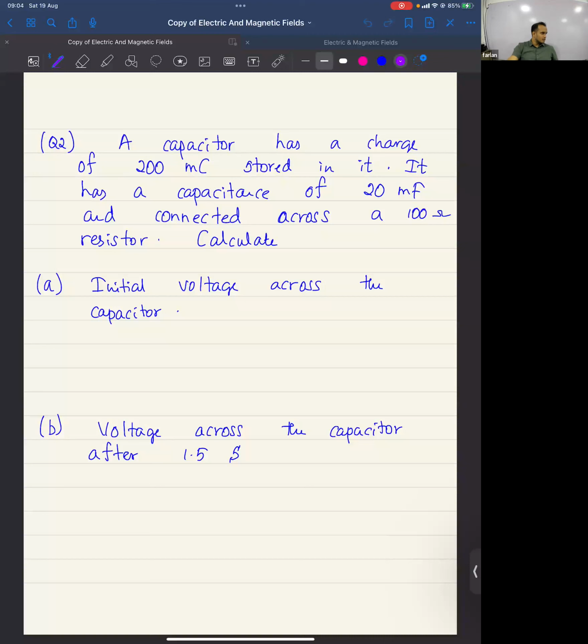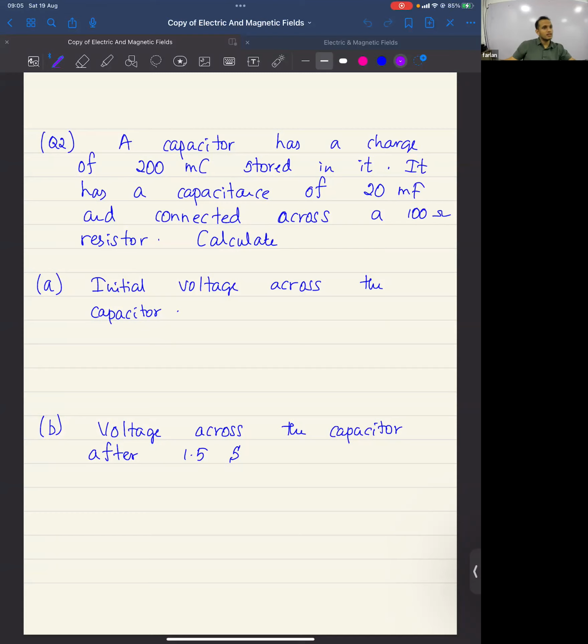How is the relationship between voltage and the charge? Directly proportional. Do you remember that graph? Voltage versus charge graph is a straight line passing through the origin with a constant gradient. Can you remember the other graphs that we did? For charging of capacitors and discharging of capacitors, we did two sets of separate graphs, the charge versus time, current versus time, voltage versus time. Okay, fine.